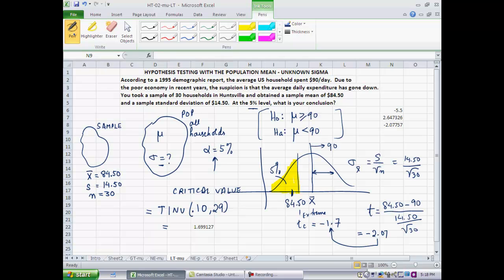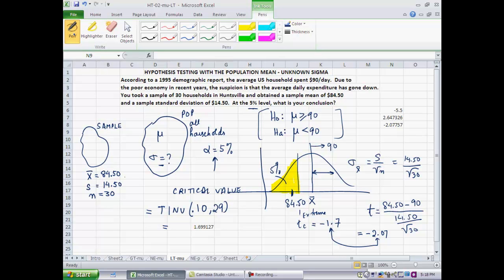So should I conclude that my sample statistic is very extreme or not? Based on the level of uncertainty I'm willing to accept, the likelihood of making the wrong call, I'm willing to accept a 5% chance of making the wrong call. That translates to a critical value of minus 1.7, meaning any sample statistic that is less than 1.7 standard deviations below the mean, I will consider highly unlikely to have occurred by chance, and then I would reject the null.